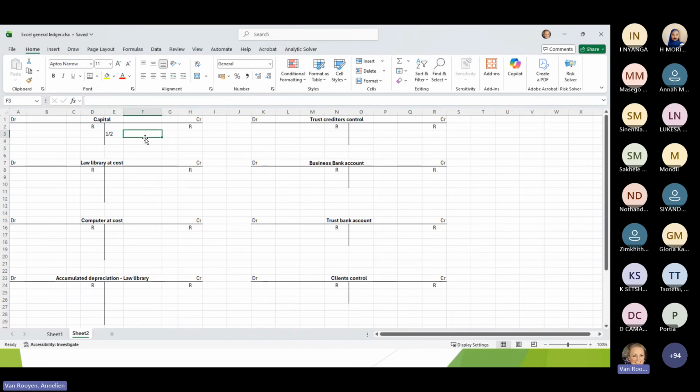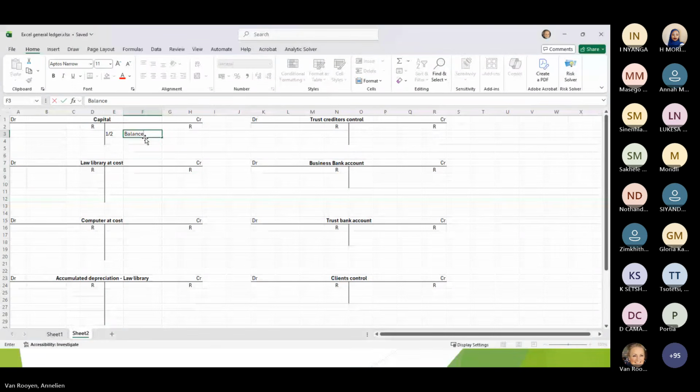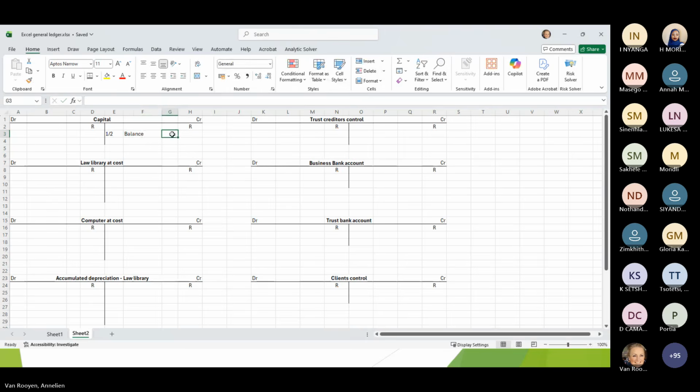We have a balance. And remember, when we have an opening balance, it's always brought down. And the amount is 223,920. Can everybody see where I got that from?